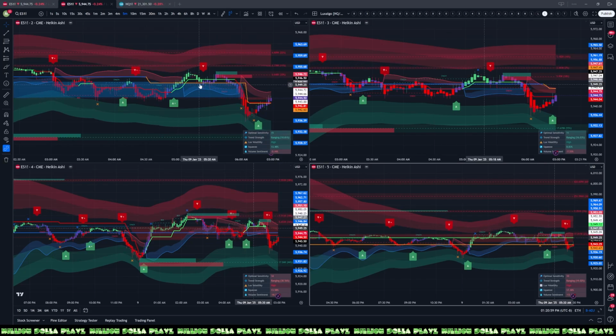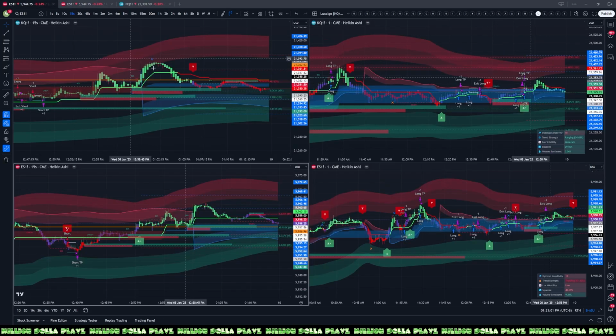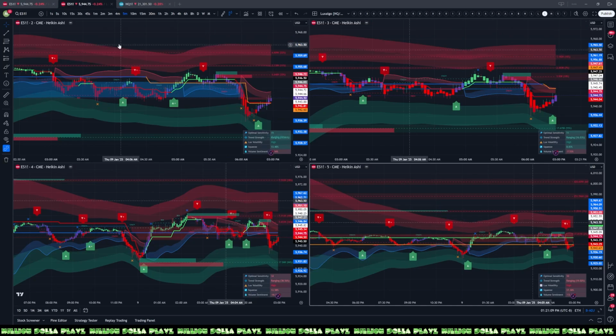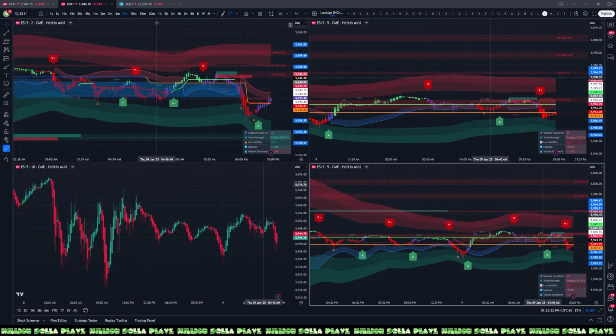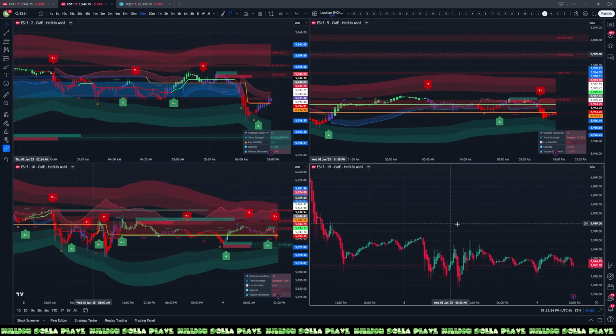And the 2 minute is a good 1 minute reference, because sometimes the 1 minute will make a false signal. That's where the 2 will come in, to let you know, don't take that. And then I haven't really thought through the higher time frames. I had them on 5, 10, 15, which you could possibly do, but I don't know.